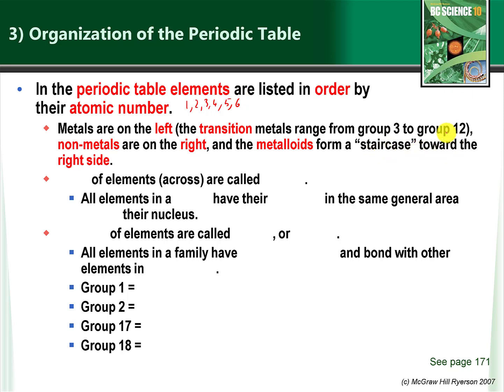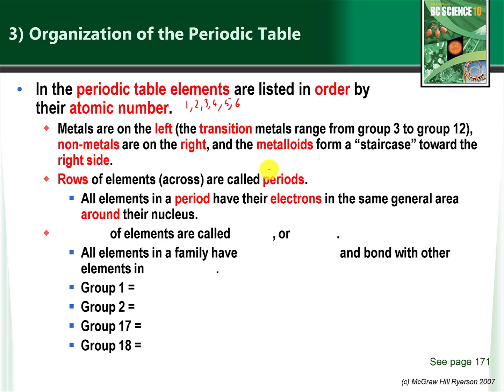Metalloids form a staircase towards the right side. Rows on a periodic table are called periods. And all the elements in a period have their electrons in the same general area around the nucleus.